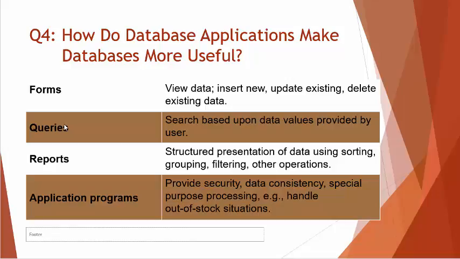And then you can also do some application programs where you're looking at making sure that everything is secure, and then you've got certain restrictions on access to certain people that are using the database, and then you can write code to handle certain situations. So here you can see an example of what do you do if your database is handling stock.